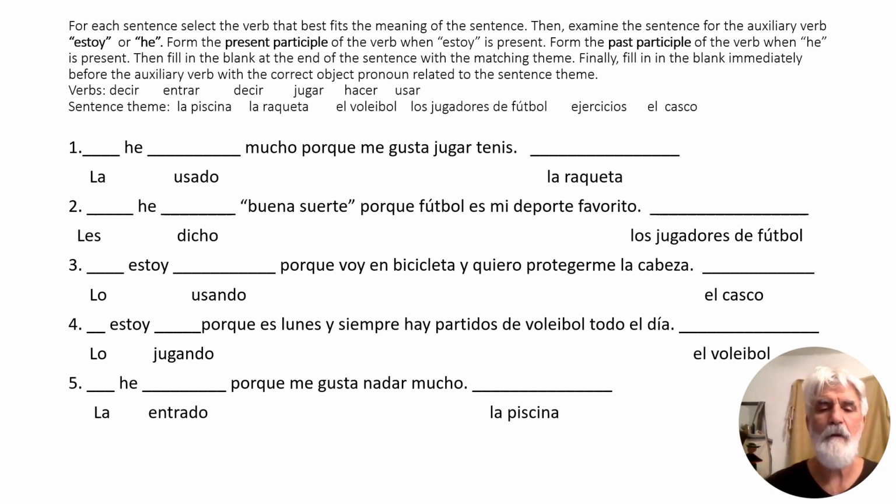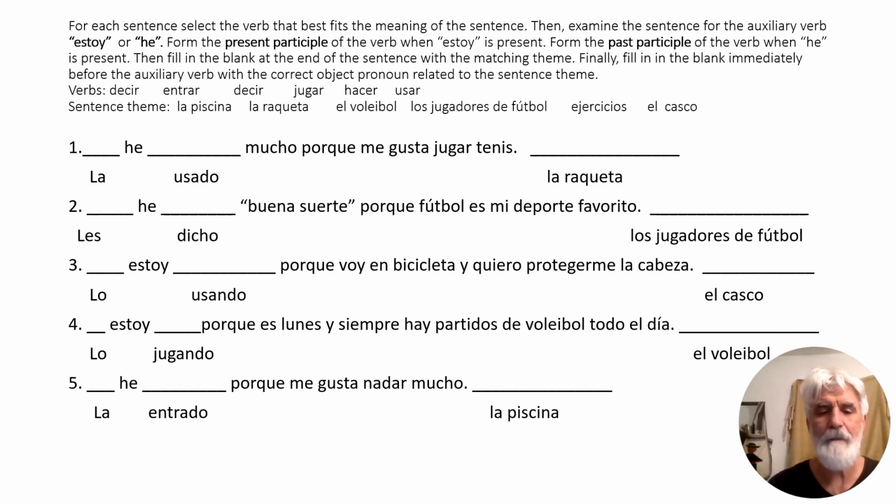So they either are going to want you to use the past participle, he usado, or if you're using the same verb but you're using estoy, now you've got to use the present participle, estoy usando. So just make sure you conform the past participles with a and the present participles with estoy.